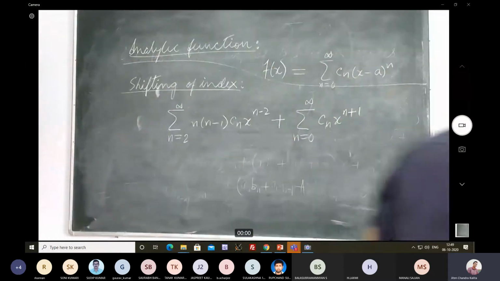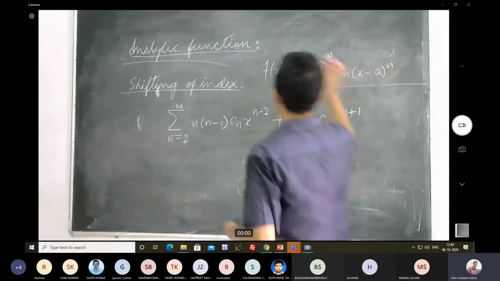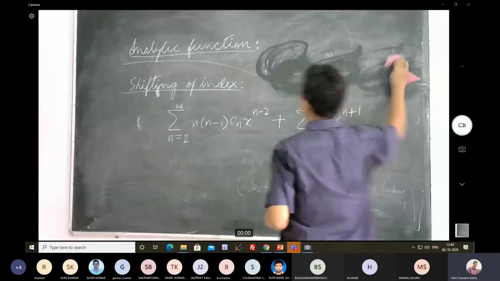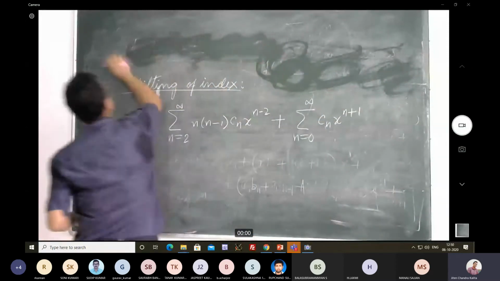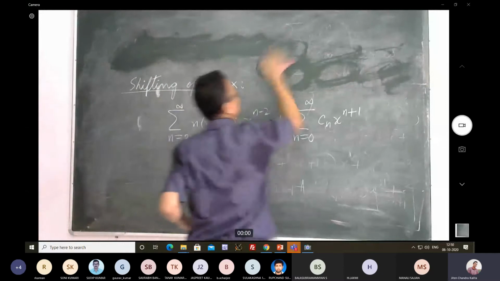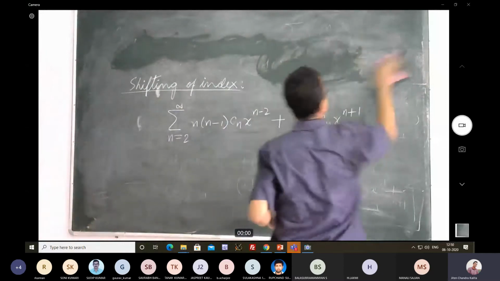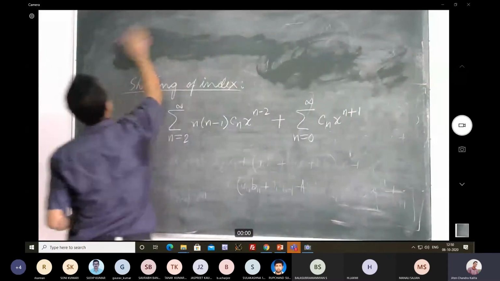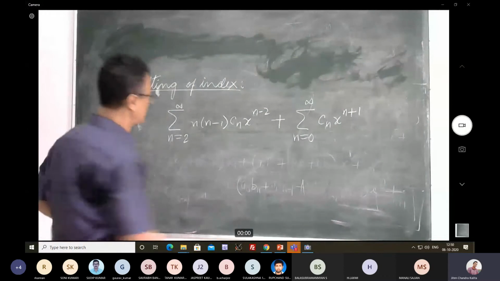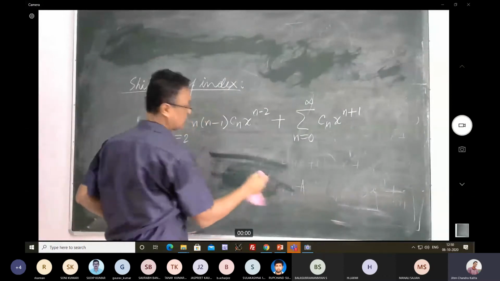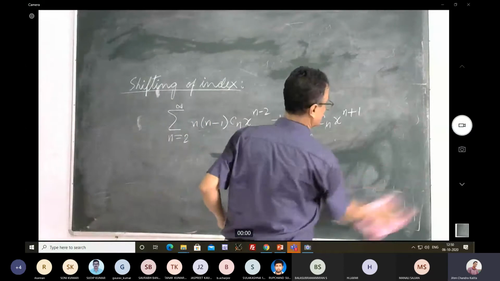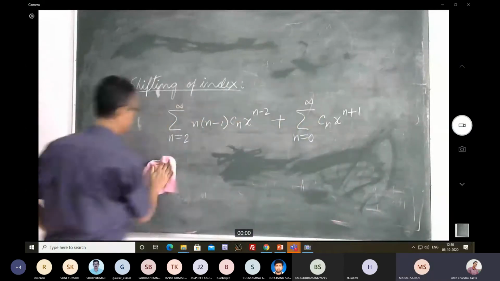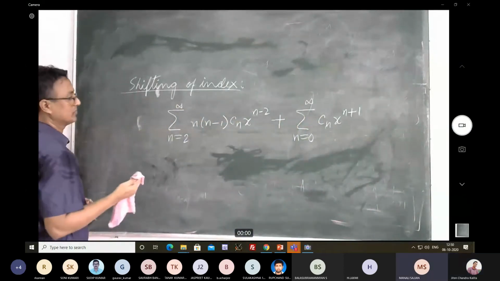Now you tell me how to go about adding this. What is the first thing you are going to look at when you are going to add these two series? We'll make the index equal.